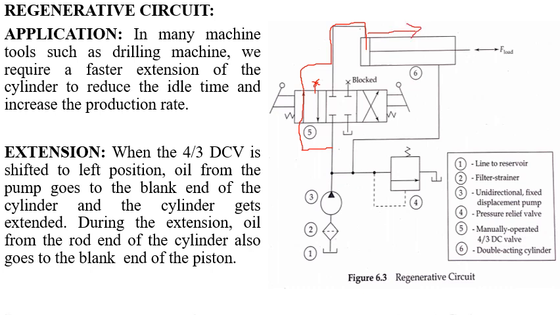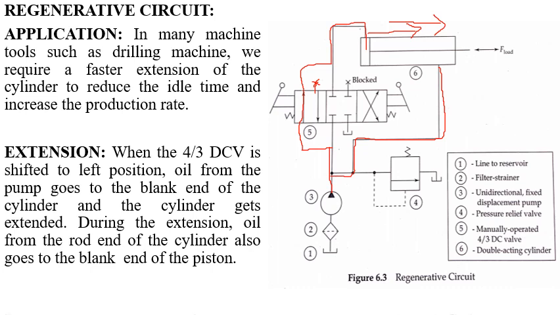The rod end flow goes back and is again connected to the pressure line. So the pump flow and this return flow both come to the pressure line, giving a greater speed of extension. Here we can achieve a greater speed compared to a regular double acting cylinder. During the extension stroke, what will happen?